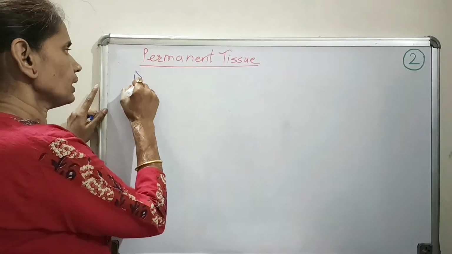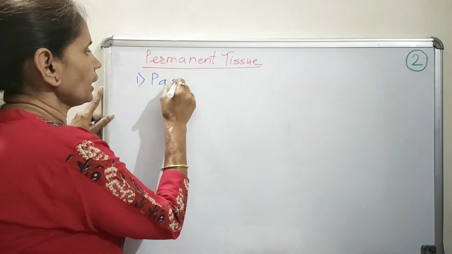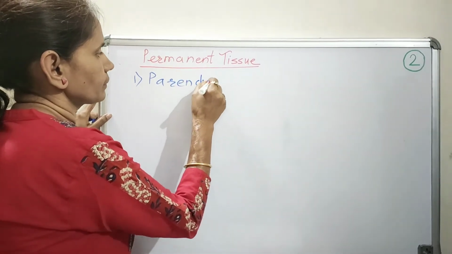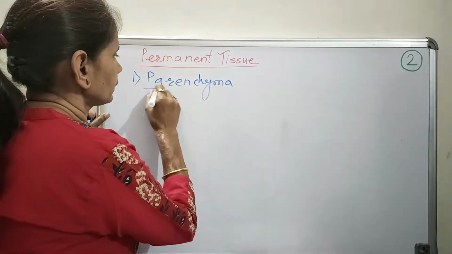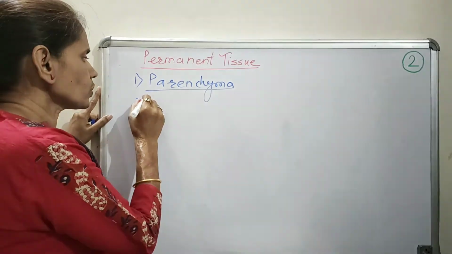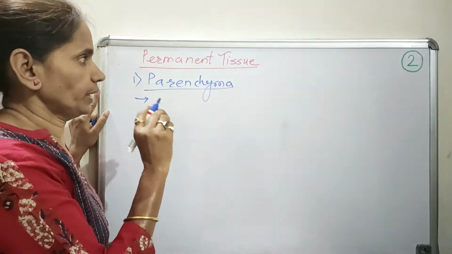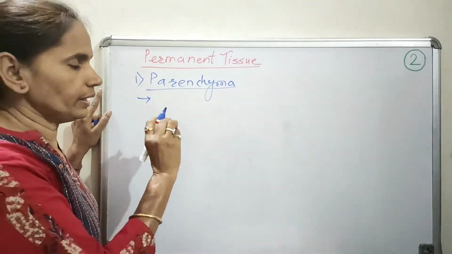Starting with the simple permanent tissues which have a supportive role, the first in this context is the parenchyma. Now this is the most usual permanent tissue that is readily observed.